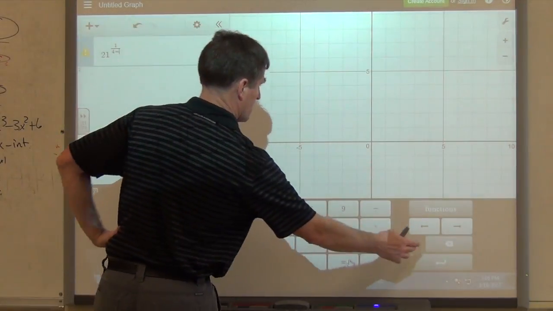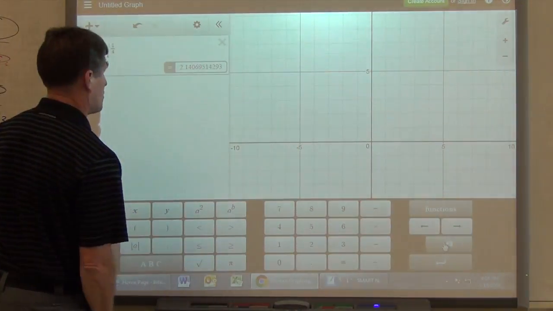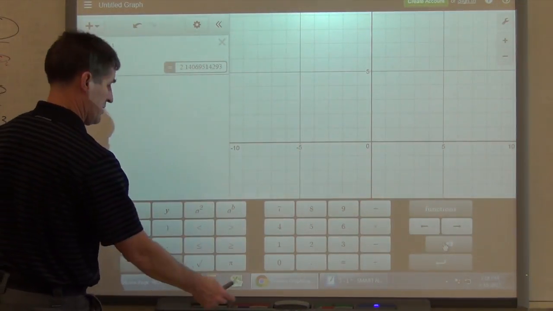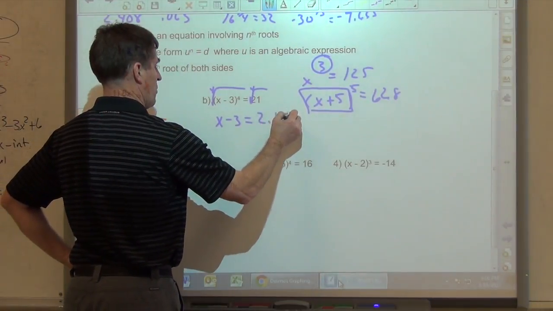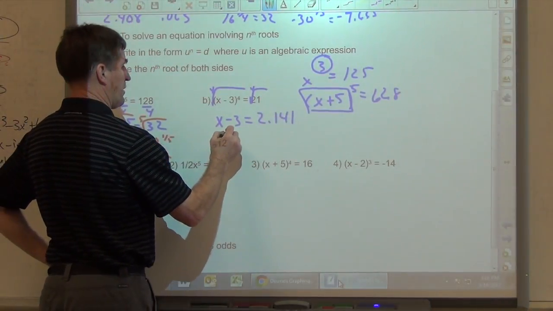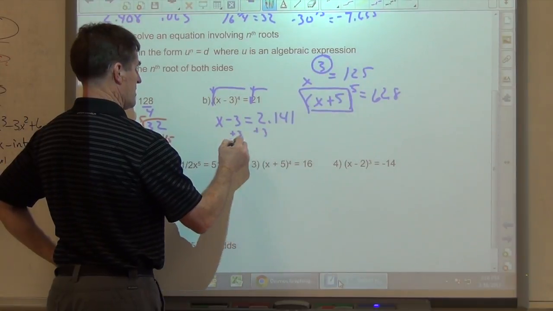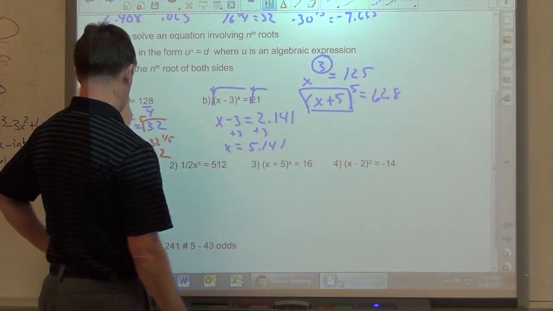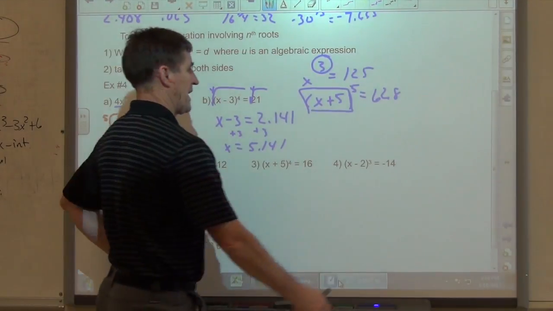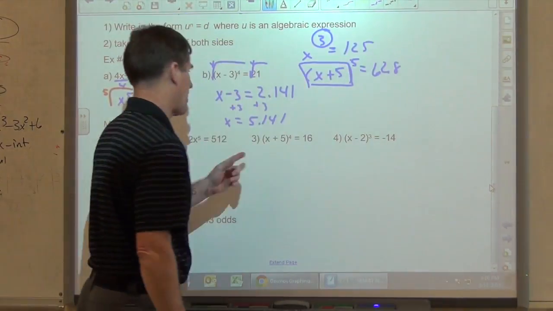So we get 2.141. And then we're going to add 3 to both sides and get x equals 5.141.